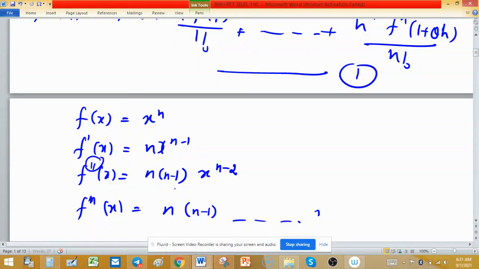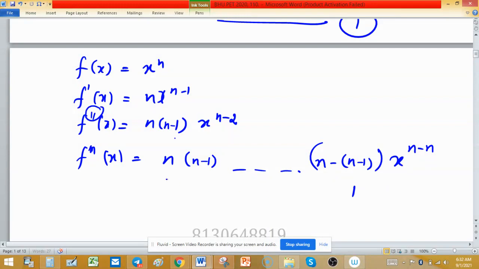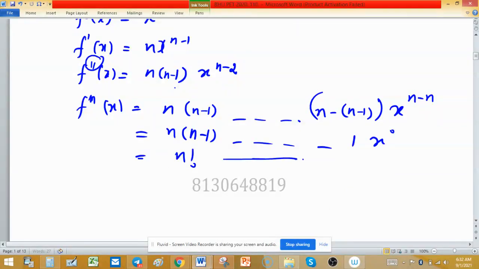So n(n-1) up to 1 is n factorial, meaning the nth derivative of the function is a constant, because n factorial is a constant number. So the nth derivative of the function is a constant function.